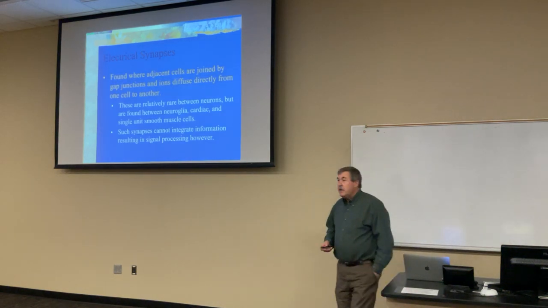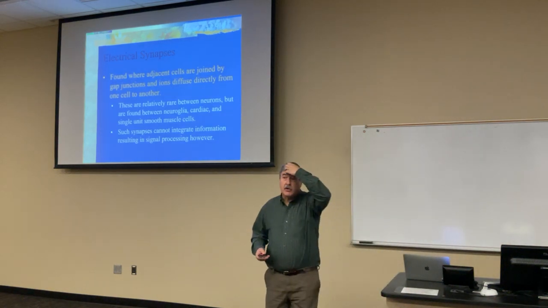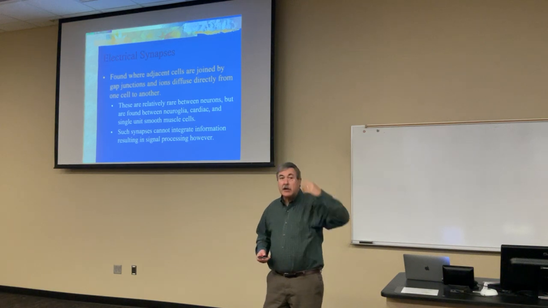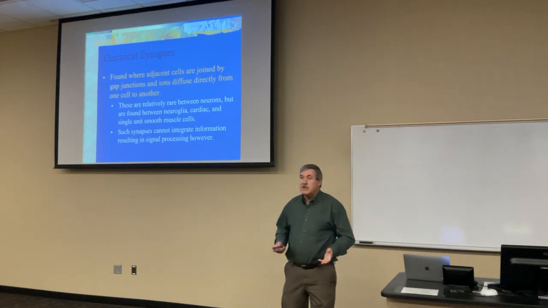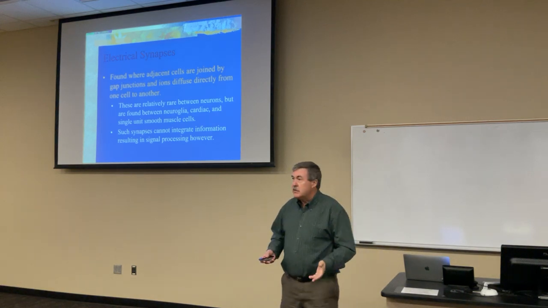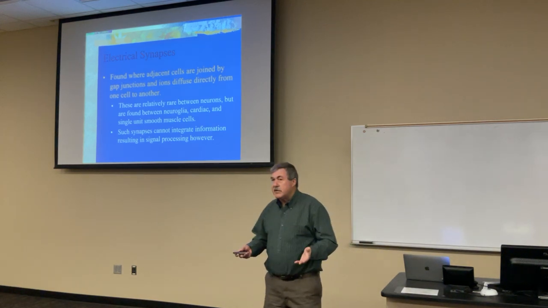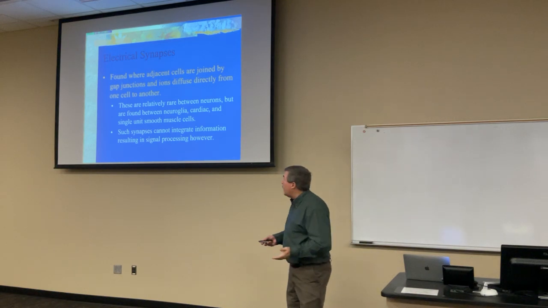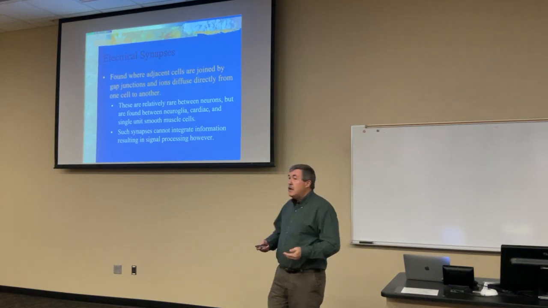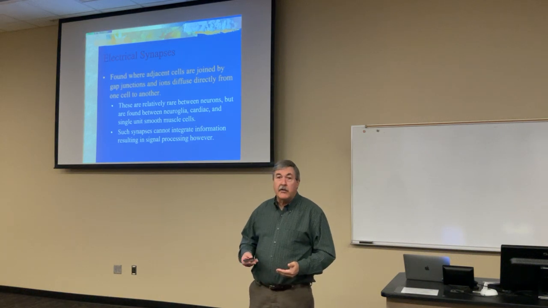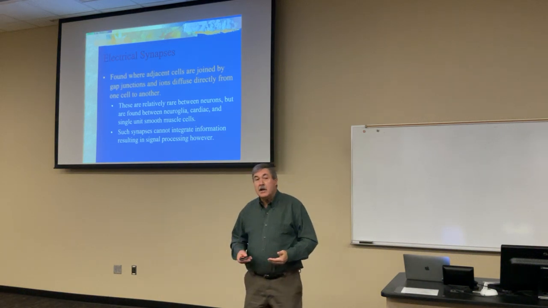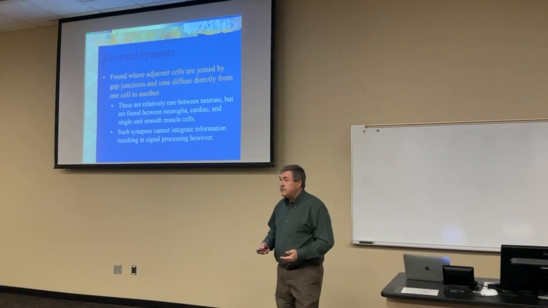All right. Now, there's also such a thing as an electrical synapse, but electrical synapses do not occur in the nervous system of vertebrates. In vertebrates, the nervous system uses chemical synapses. However, there are electrical synapses that occur in other kinds of tissues, like cardiac muscle.